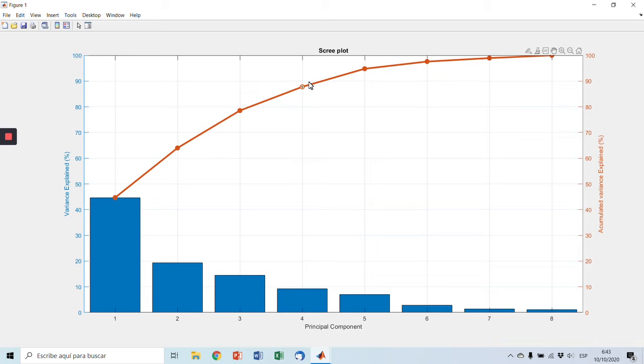So this is normally a good threshold to stop, somewhere between 80 and 90. Otherwise, you might be overinterpreting the components, trying to figure out patterns somewhere where you just have noise.